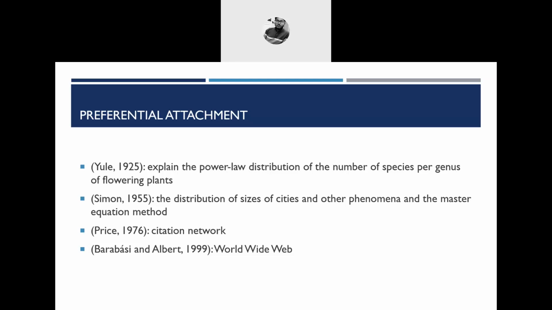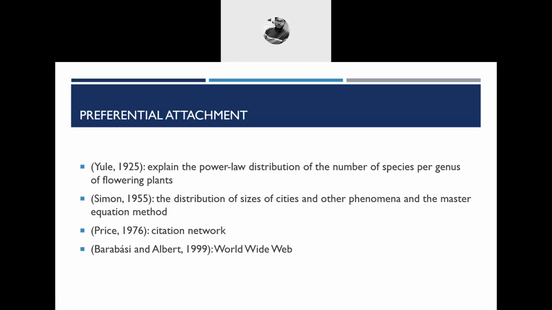And then we have obviously Barabasi and Albert. The Barabasi-Albert model practically revolutionized the World Wide Web with the help of preferential attachment, and nowadays you can still witness this behavior. Google uses a page ranking algorithm, right?